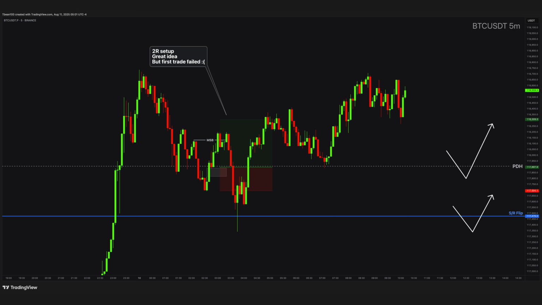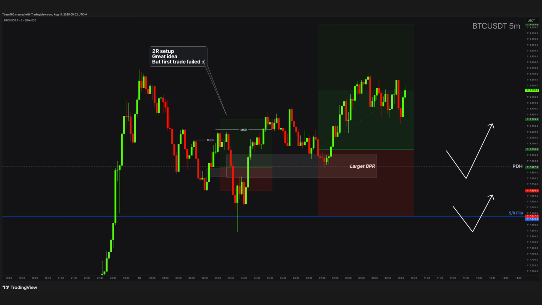Along with the imbalance in that area, you decided to take the trade. It was actually a very solid trade setup here, and there was absolutely nothing wrong with the plan itself. The only issue was that this particular single trade ended in a loss, which is simply a natural part of the trading game. Then did you notice something else afterwards?